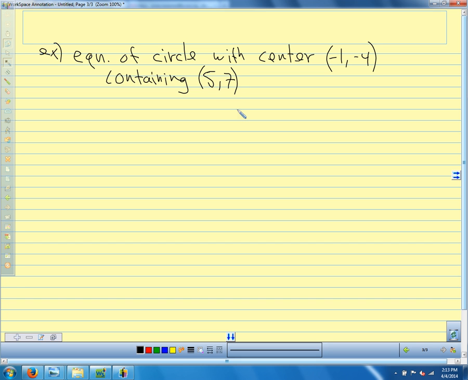So we know our center, and it contains this point (5, 7). So what do we need to find here to write our equation? We need to find our radius. So really what this problem is asking us is to find the radius.